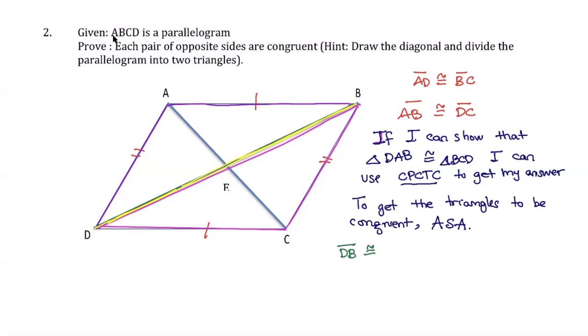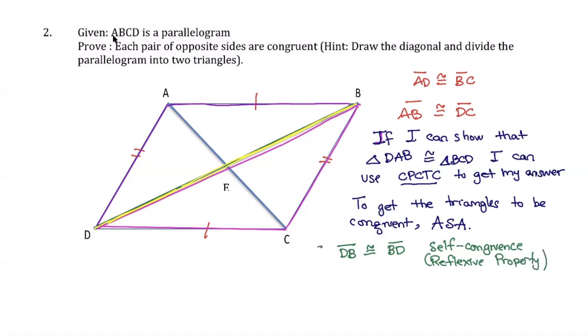We know it is congruent to itself, or BD. And this is self-congruence. Everything is congruent to itself. Remember that we call this the reflexive property. Everything is equal to itself.